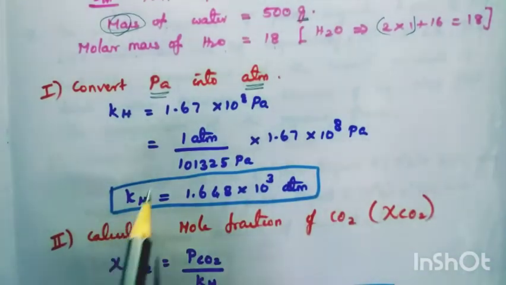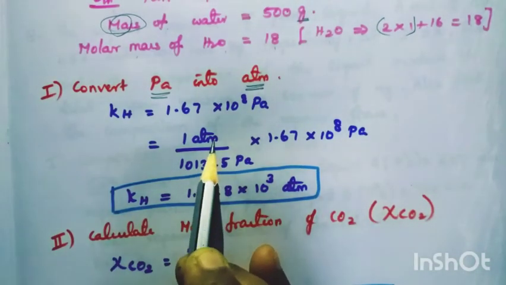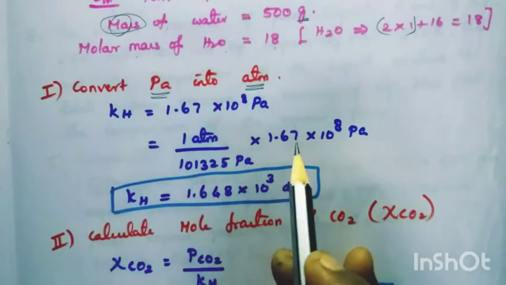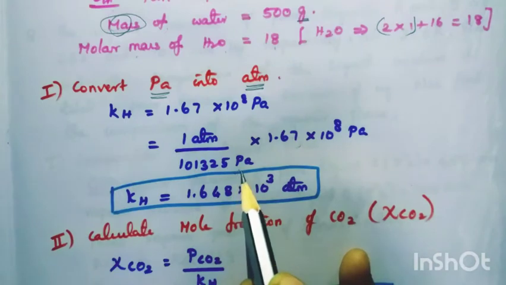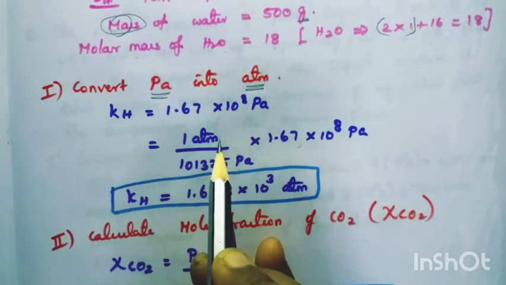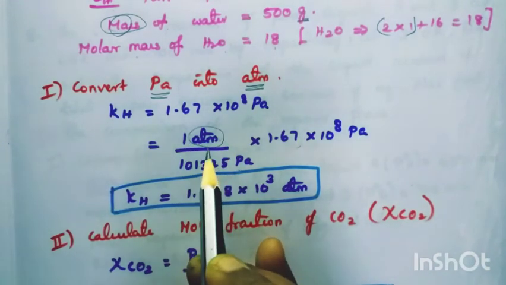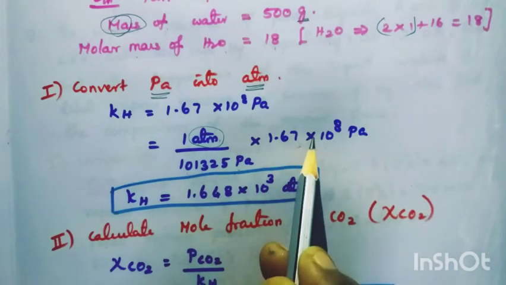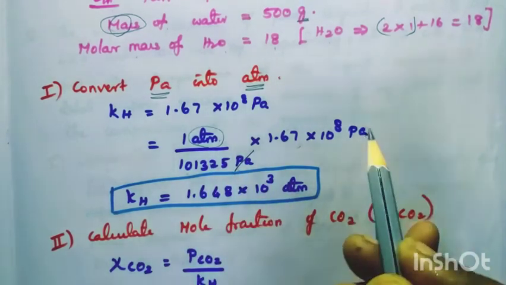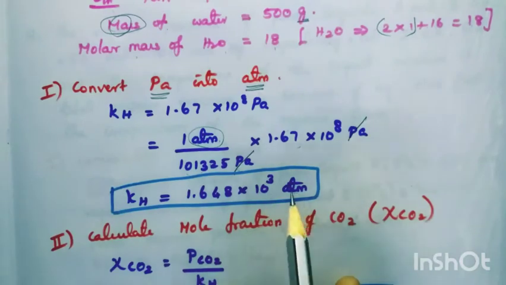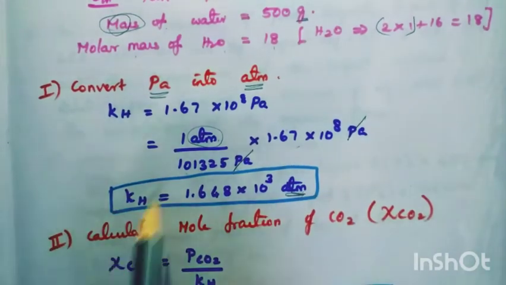How will you convert this? 1 Pascal is equal to this one, so convert to atmosphere. By cancelling, Pascal goes out. Now we get the value in atmosphere. So this is a constant value.